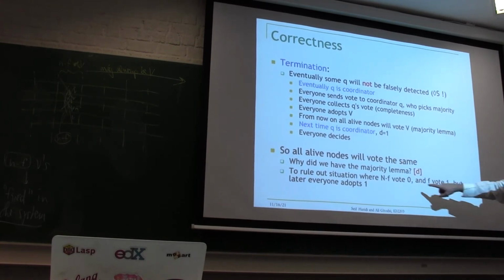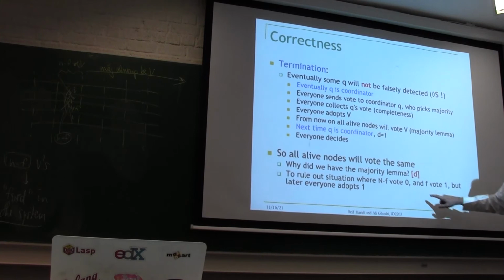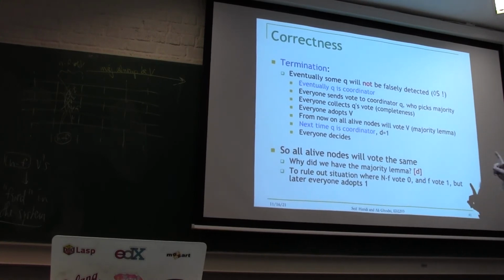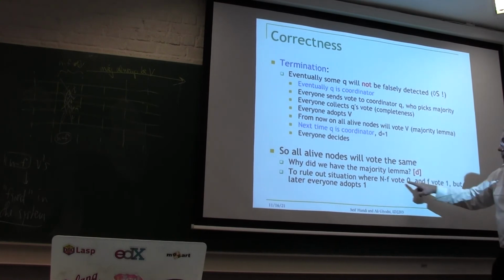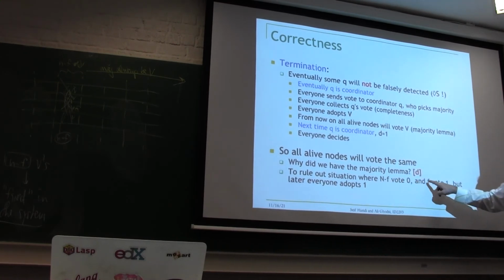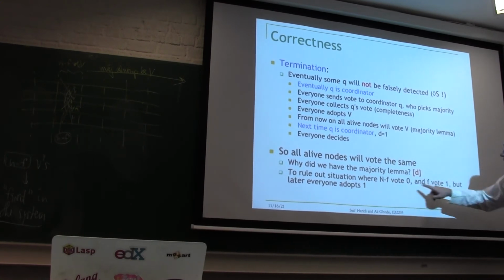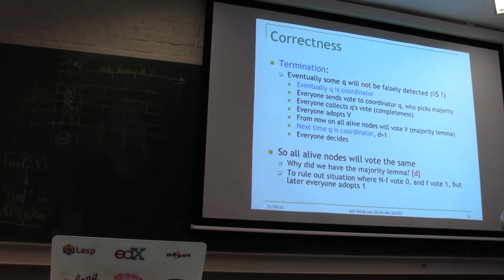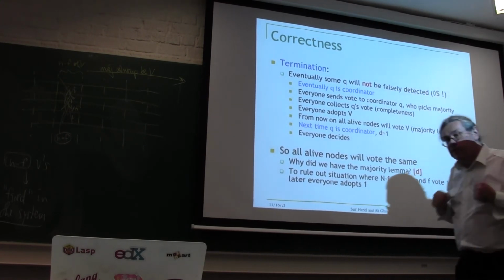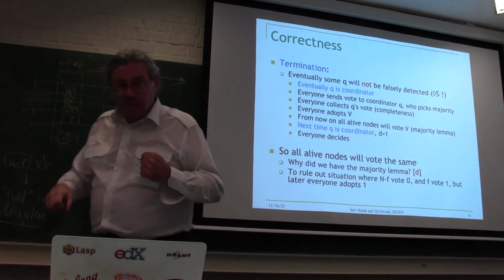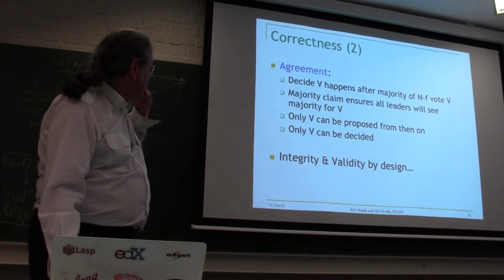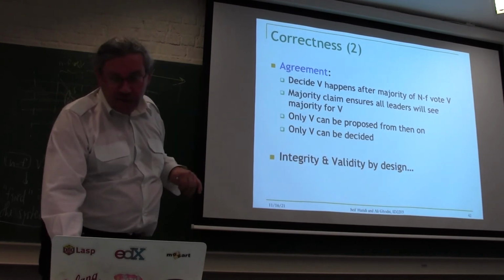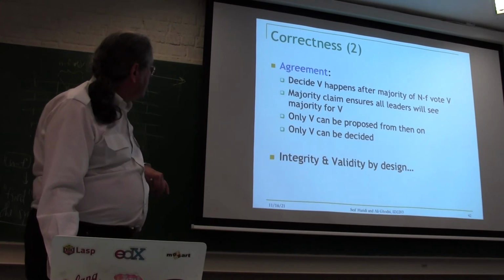So even if you have a majority of zeros, you still want the ones to go away, because if the f is too big, like n over 2, then the ones could still take over. But if the f is less than n over 3, then the zeros will still be the majority. Okay? Just a little intuition. Okay, this I explained before, so I'm not going to repeat that.